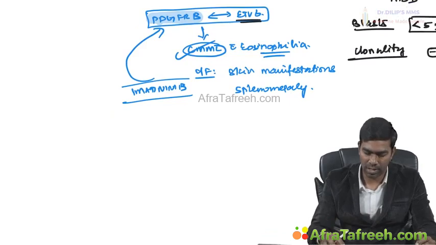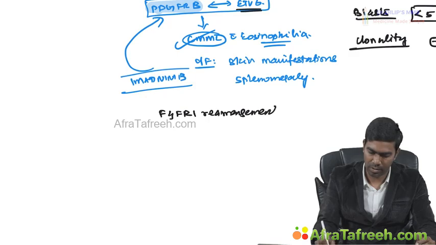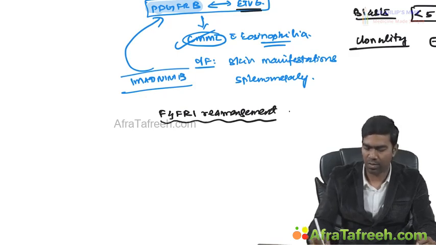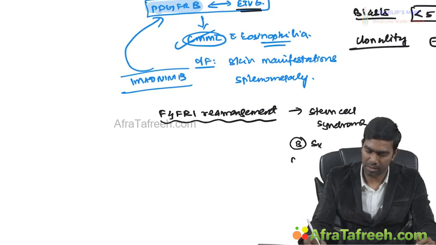Then there is another entity called FGFR1 rearrangement. If you have an FGFR1 rearrangement, this is referred to as stem cell syndrome. Typically, they present with B symptoms, splenomegaly, leukocytosis, lymphadenopathy, and probably weight loss.